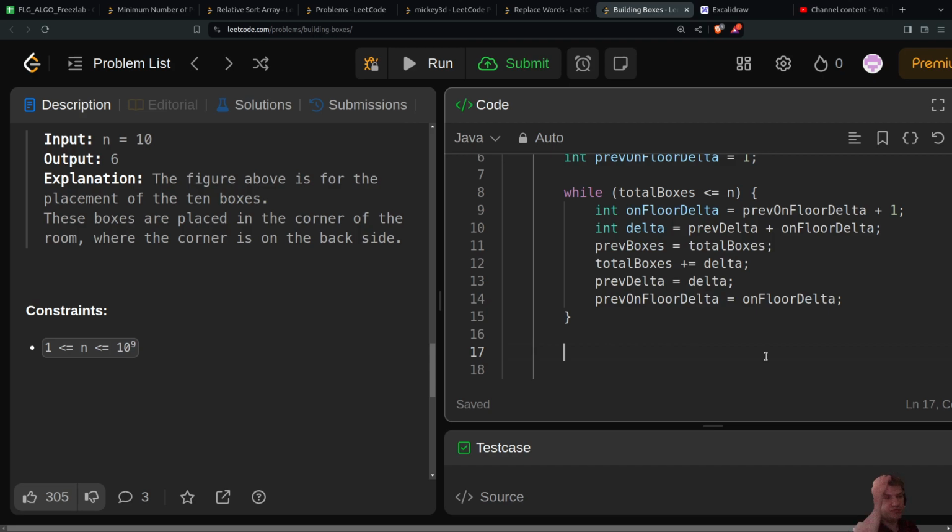So this will give me the maximum triangle.